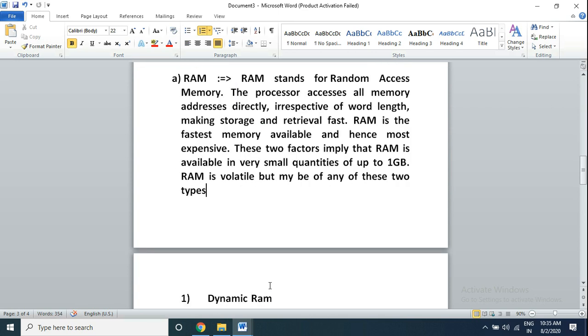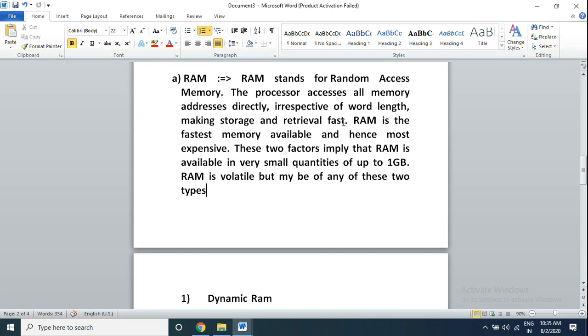What is RAM? RAM stands for random access memory. The processor accesses all memory addresses directly. So there is no intermediate to access this memory by the CPU. The CPU accesses this memory directly, irrespective of word length, making storage and retrieval fast.